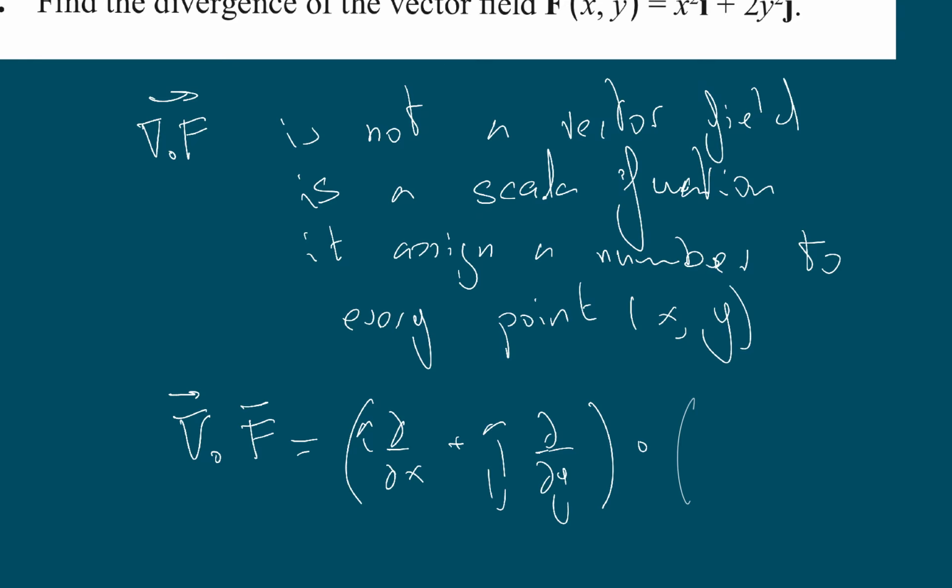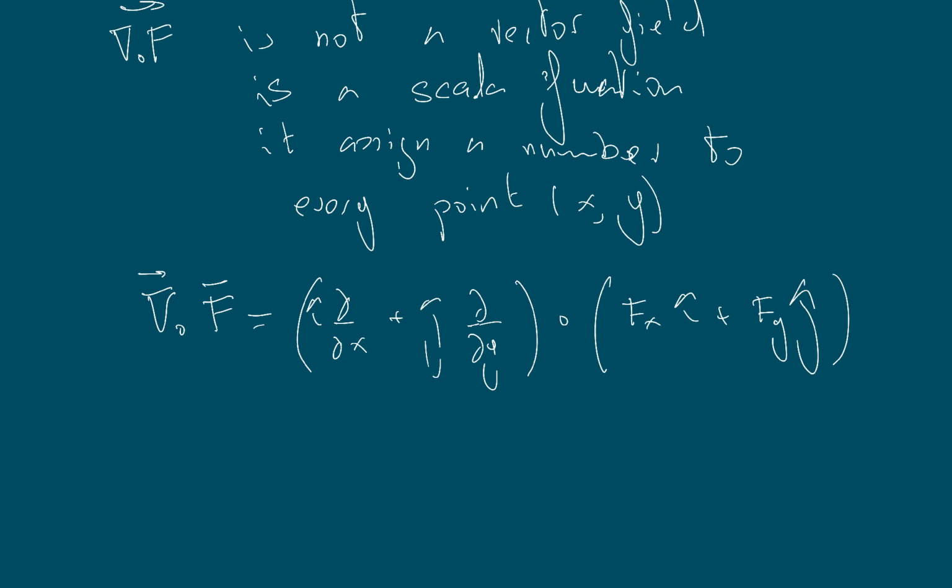The f is f_x i plus f_y j. So i scalar i is 1 and i scalar j is 0. So it would be the partial derivative of f_x with respect to x plus the partial derivative of f_y with respect to y, and this is a number. At the point 1, 2, this is a number.